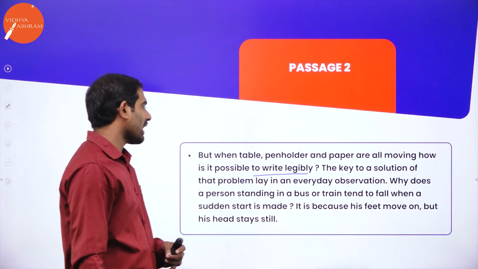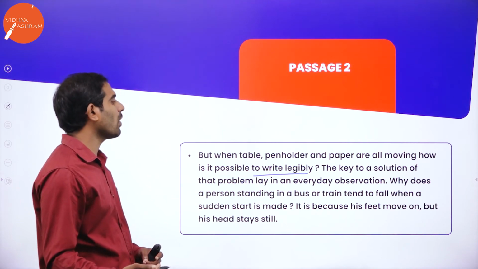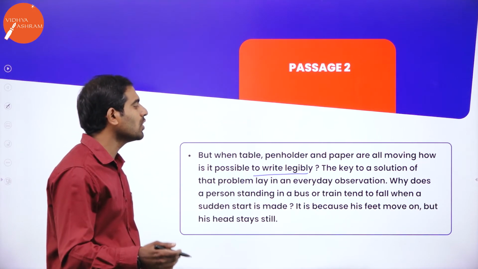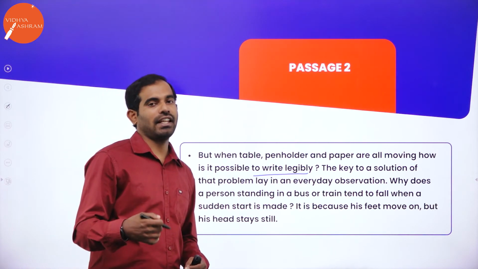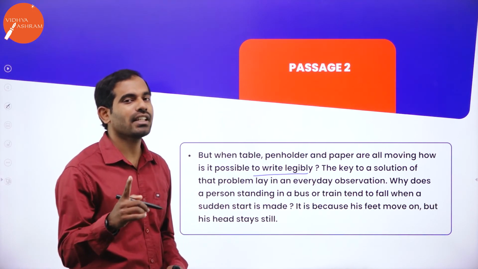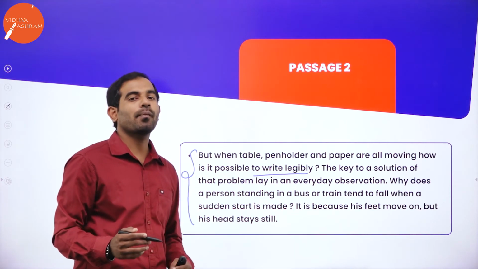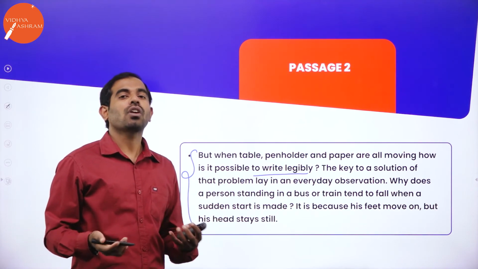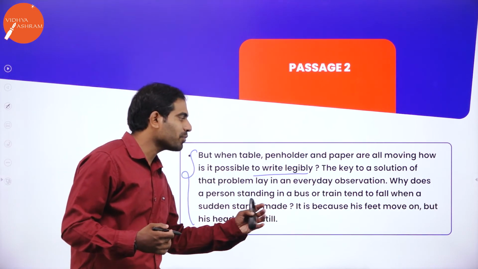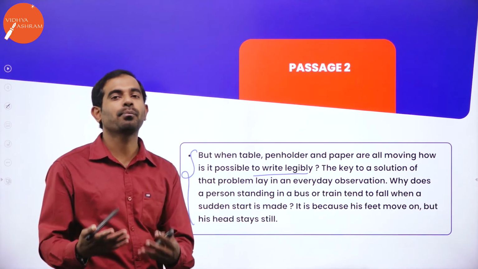Why does a person standing in a bus or a train tend to fall when a sudden start is made? It is because his feet move on, but his head stays still. Did it make any sense to you? The author is comparing the writer, pen and paper to a person who falls when there is a movement in a train or bus.